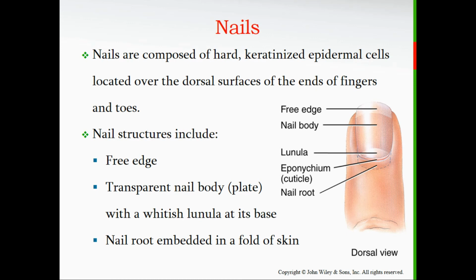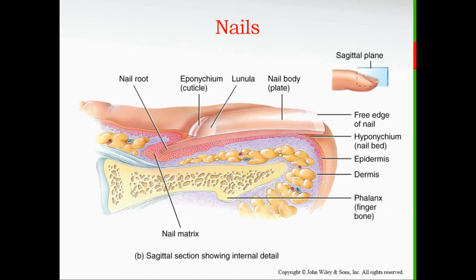That's that little half moon, little white portion underneath the base of the nail. The nail root is part of the nail that is embedded and is underneath your skin. And if you push down on the front of your nail, you can see the nail root kind of pop up in the back of the skin at the base of your nail bed.